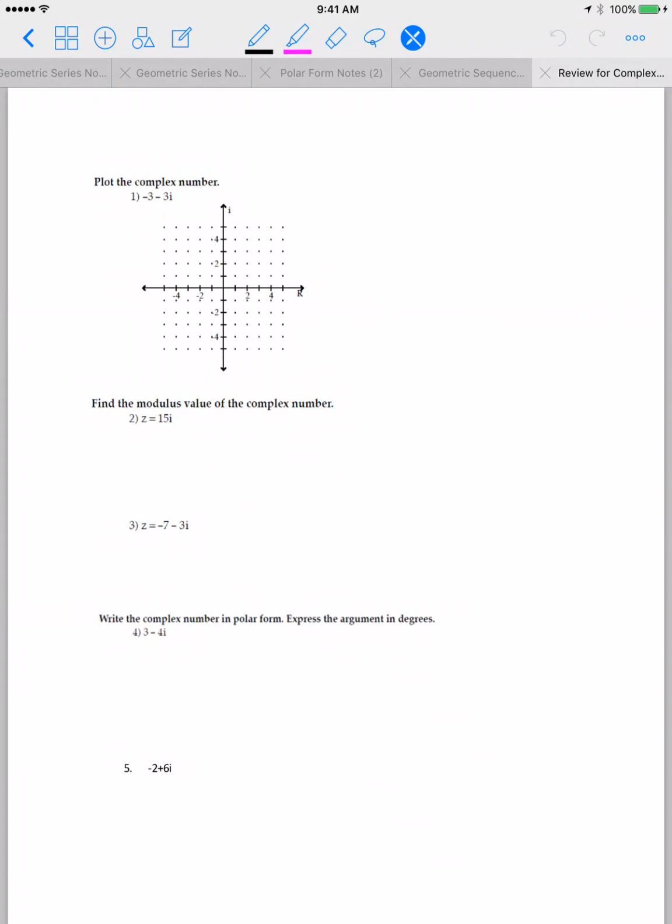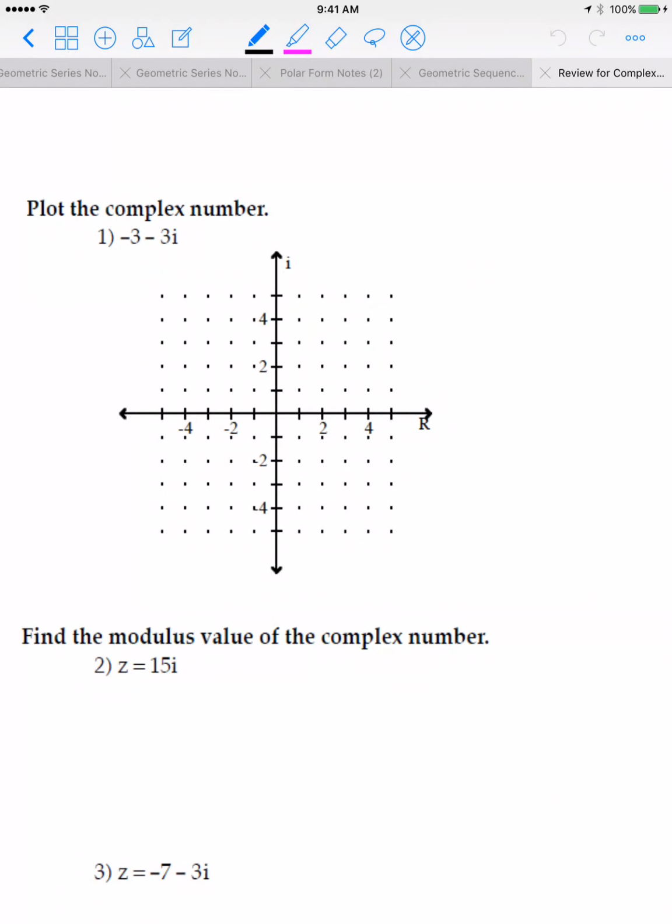So it says plot the number in complex planes. Remember, here's your real. Here's your imaginary axis. So this means I'm going to go -3 on my real, and then I'm going to go down -3 on my y, my imaginary, and I get a point right there.